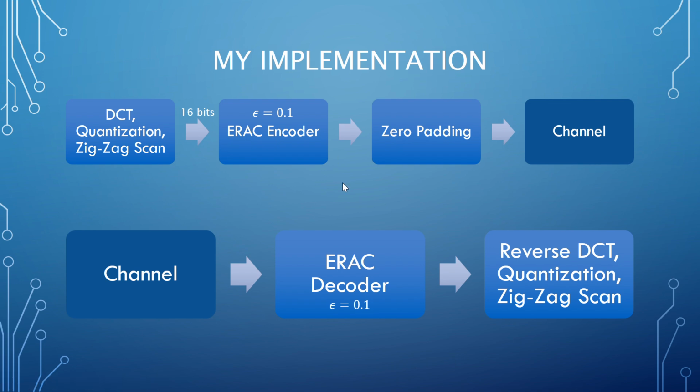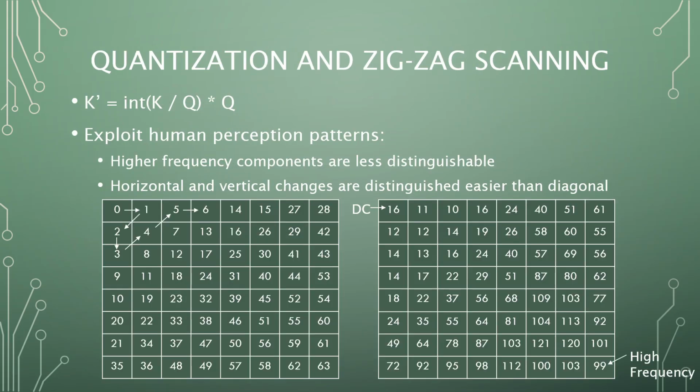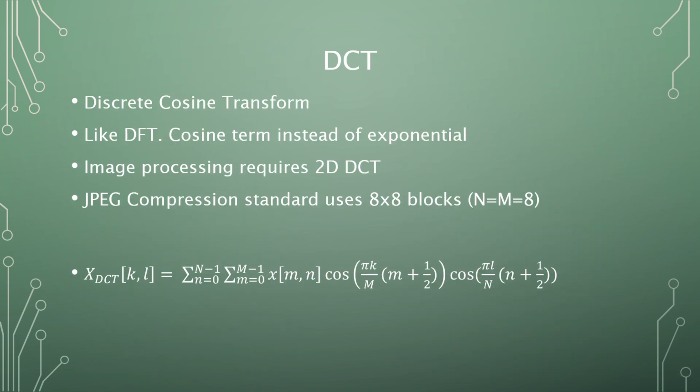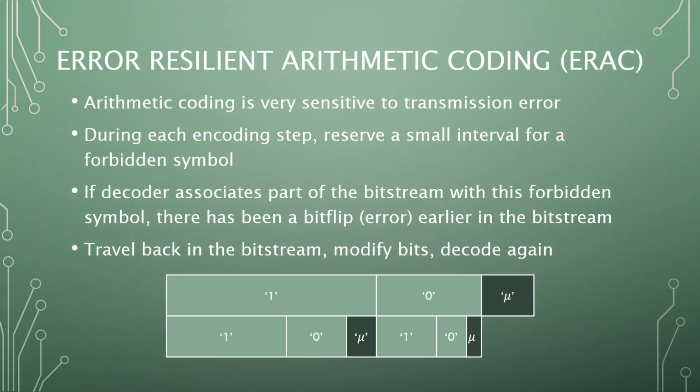I just realized I forgot to mention that all of these schemes here, the ERAC, the quantization, the zigzag scanning, the DCT, they're all taken over an 8x8 block. That's just kind of standard. So essentially the image, no matter how many pixels it is, if it's greater than 8x8, then we split it up into blocks of size 8x8, and then we perform the DCT, the quantization, the scanning in this way.